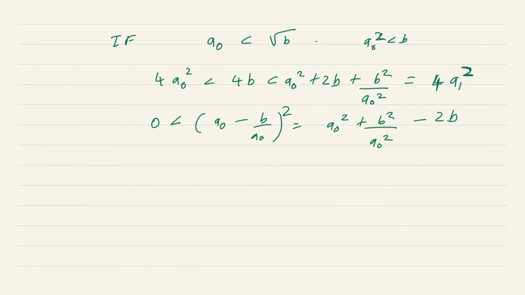And this shows that 2b is less than a naught squared plus b squared by a naught squared. Okay, so we have plugged this in, we have just substituted here.